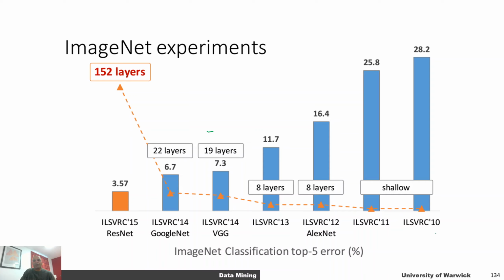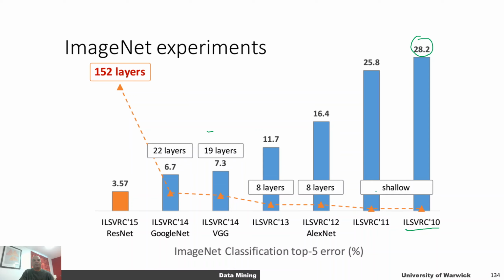So over the years, neural networks have gotten deeper, and their prediction or generalization performance has significantly improved. This network, ILSVRC in 2010, was a shallow network. It gave an error of 28.2% on ImageNet classification.